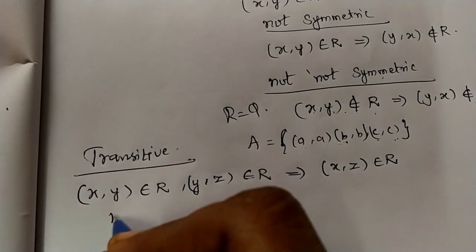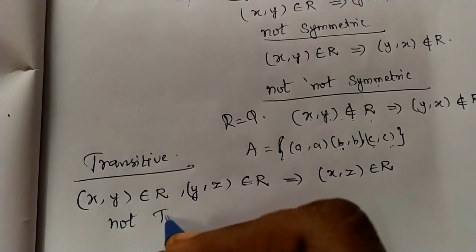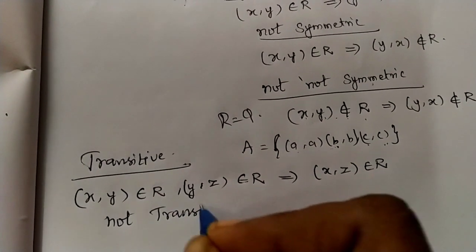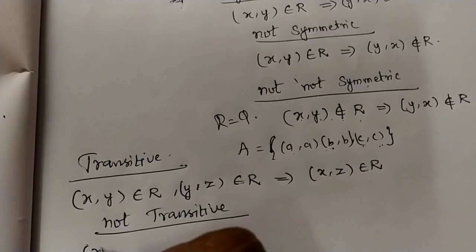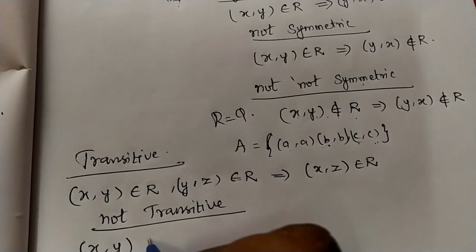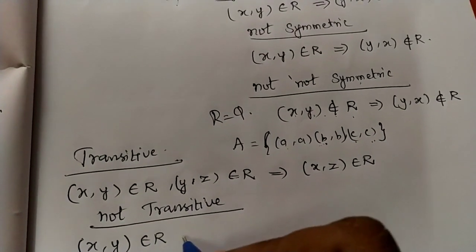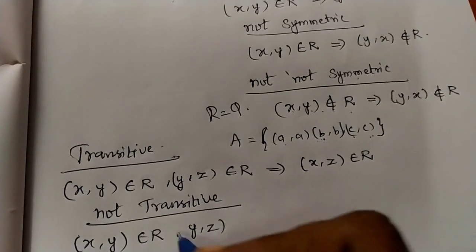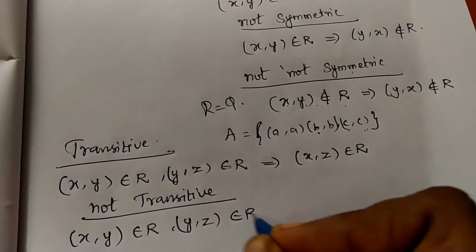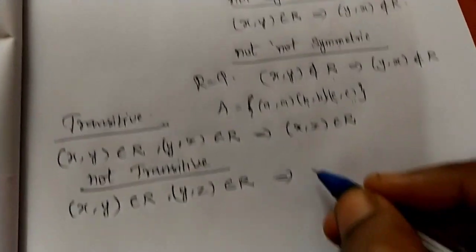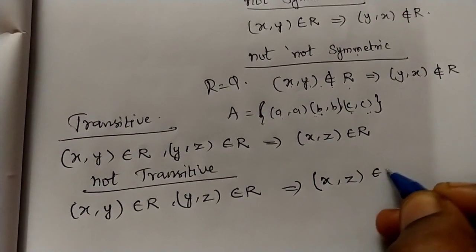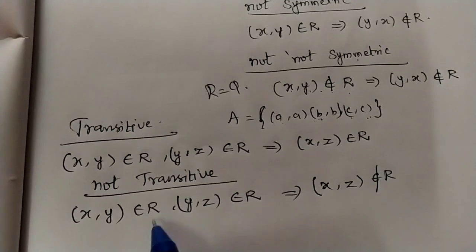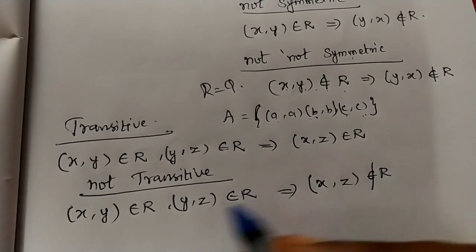And not transitive means (x, y) belongs to R, (y, z) belongs to R implies (x, z) does not belong to R.